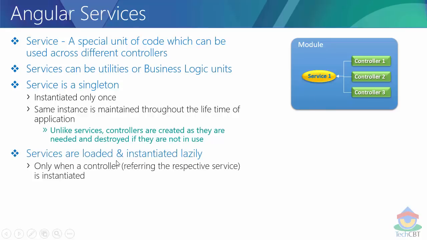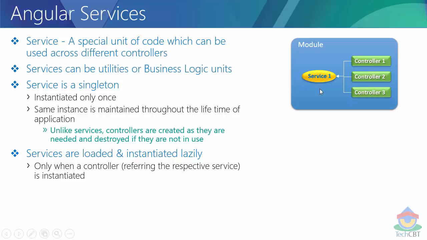Services are loaded and instantiated lazily. This is a bit different from controllers. Controllers will be created the moment you ask a particular view to be created. So if your view has a reference to a controller, that controller will be created instantaneously.